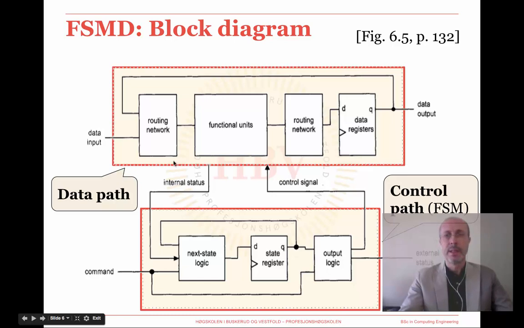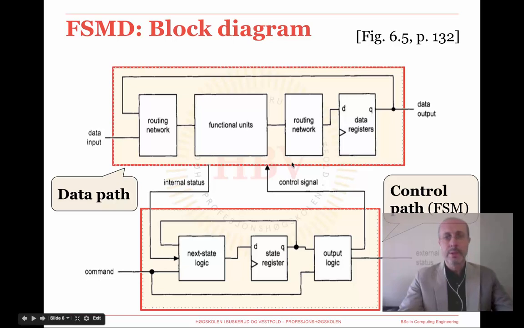On the other hand, the data path contains the combinational blocks and/or finite state machines needed to implement the required functional units, and the routing networks needed to transport data from the source to the destination registers, and also, of course, the data registers themselves.